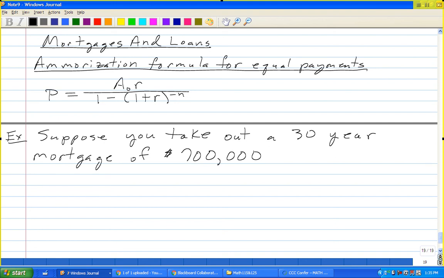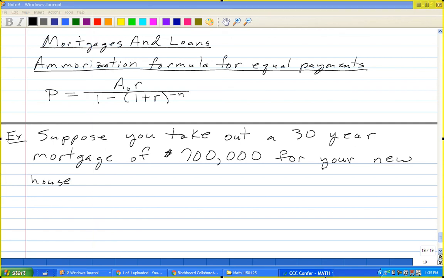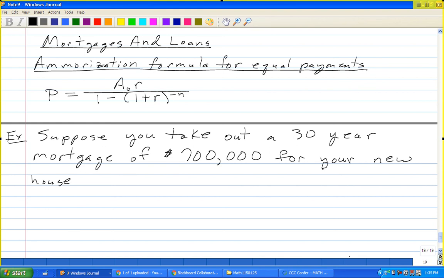So you have a $700,000 mortgage for your new house. Let's say it's a house, not a car. And I will be telling you that at 4.8% annual interest, compounded monthly.